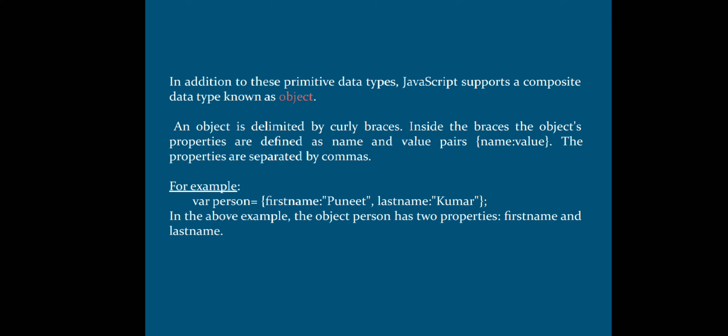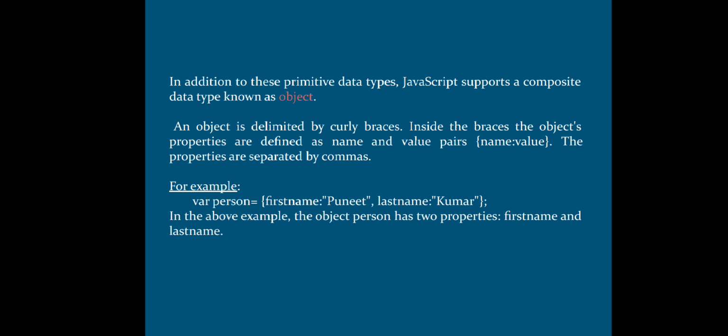For example, here you can see there is a variable called person. Person is the name of the variable, and it is an object. There are two name value pairs. The first property is first name, and the value of first name is Puneet. The second property is last name, and the value of last name is Kumar.